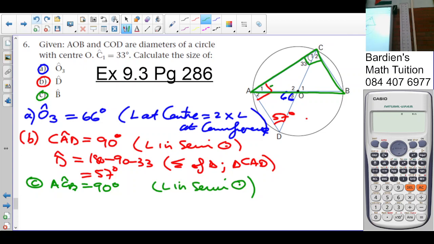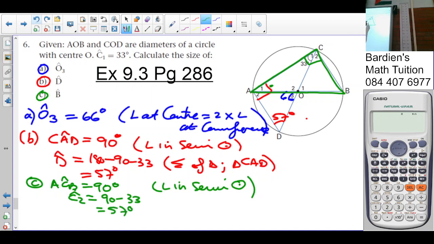But I don't have A1. So that's 90, so I can work out C2. So angle C2 is equal to 90 minus 33, which is, what's 90 minus 33? 57.